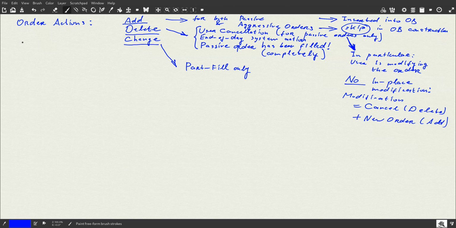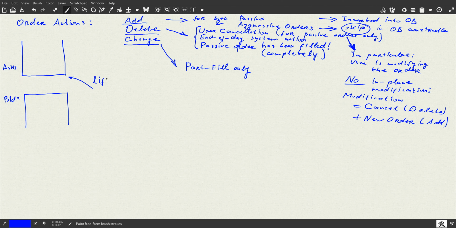You remember how part fill can happen? Asks, bids. An aggressor comes. This is how this operation is called when we aggressively fill an ask. Lift.